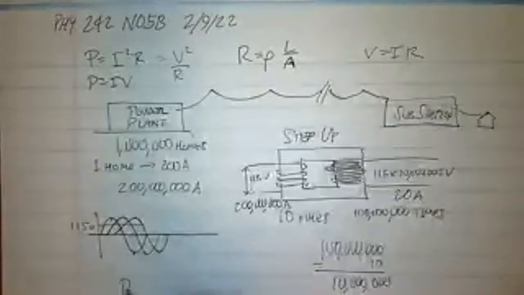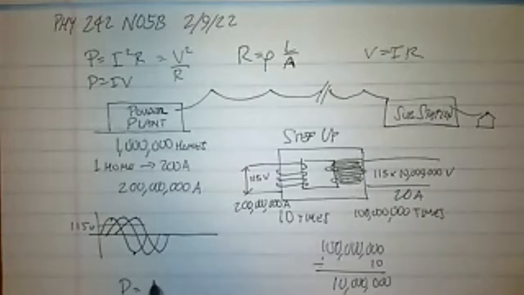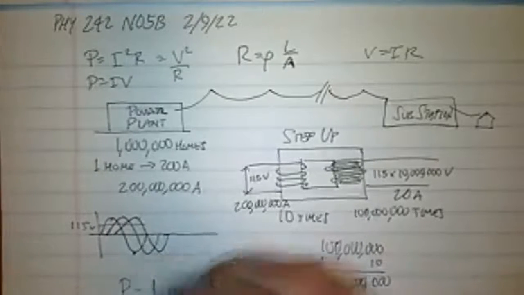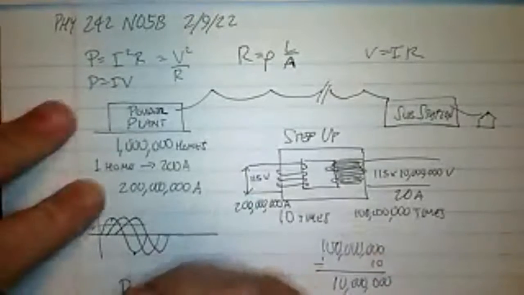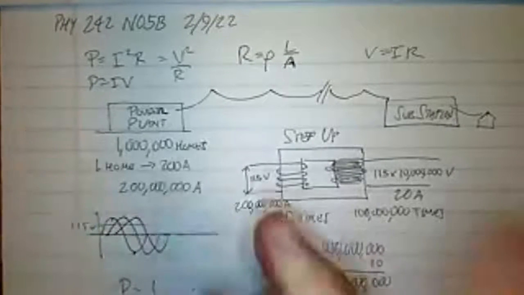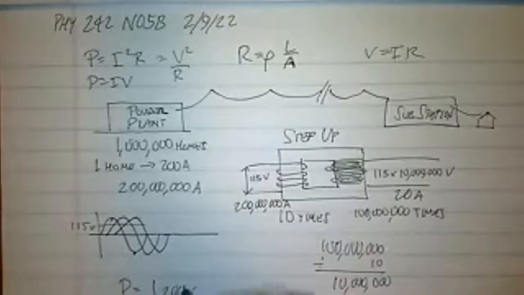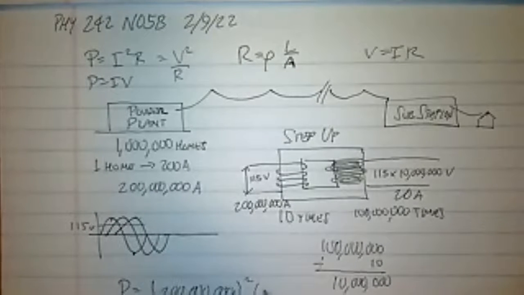So my power loss went from 10 million, or excuse me, was it 100 million? Yeah, it went from 200 million amps squared times the resistance, let's say 100 ohms.